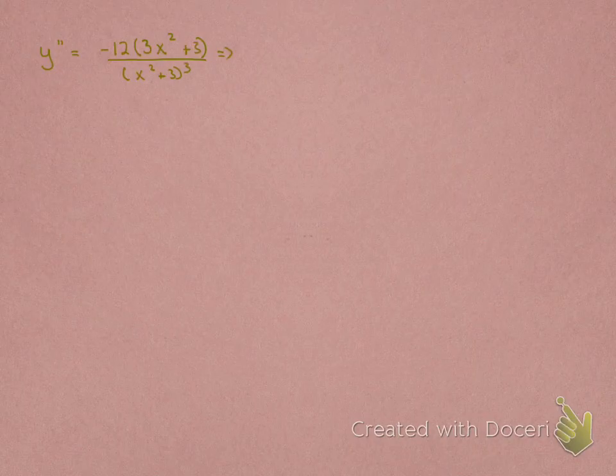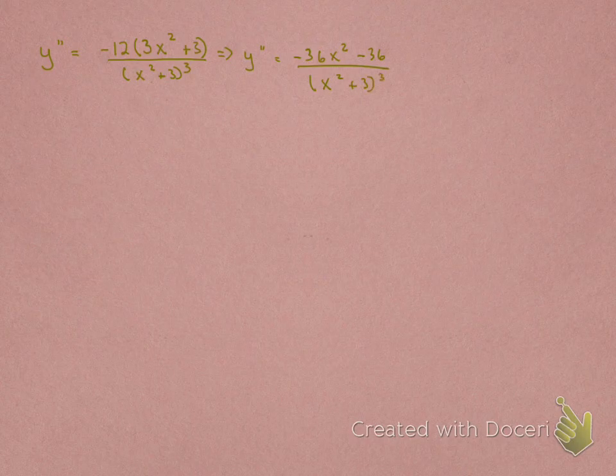Then we can distribute in the 12. So this is kind of like distributing and then pulling back out again. But negative 36x squared minus 36 all over x squared plus 3 all cubed.